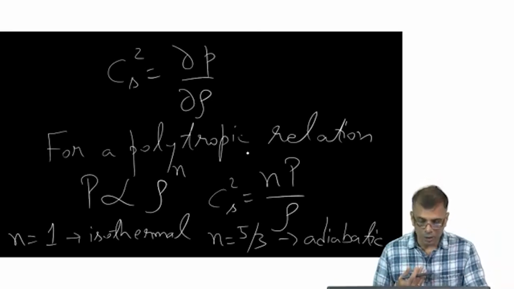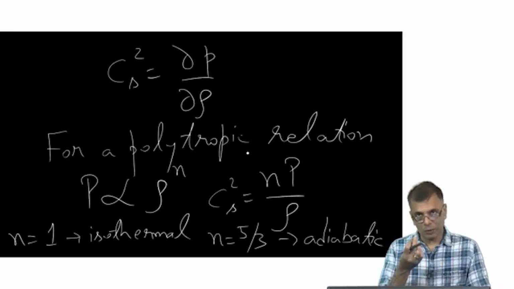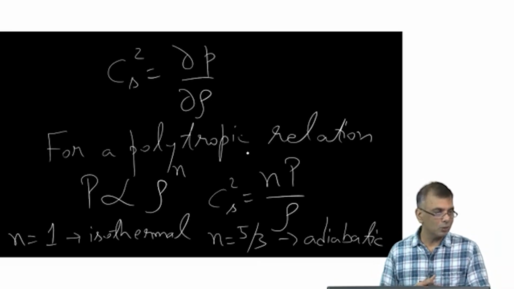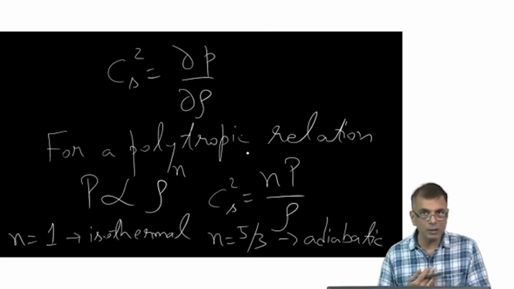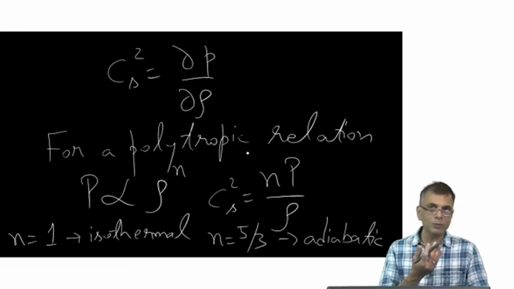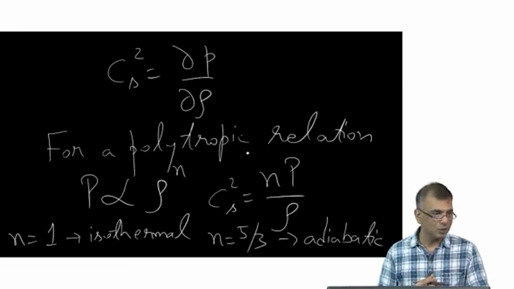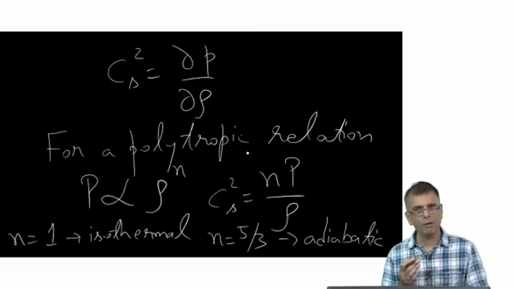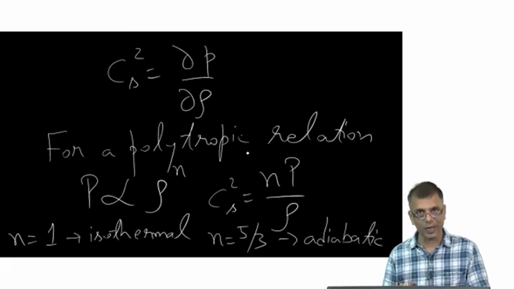A couple of other things. The speed of sound is linked to pressure disturbances, so it is linked to communication. I am able to communicate with you via the speed of sound. So communication or propagation in a medium happens at one characteristic speed, the speed of sound. In a philosophical way, it's similar to the speed of light.